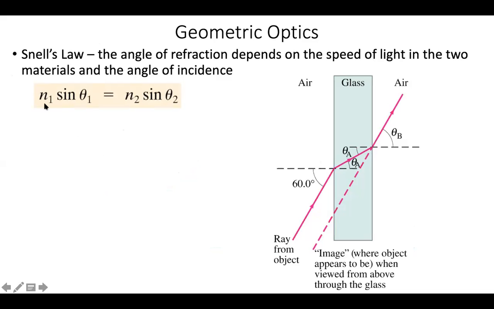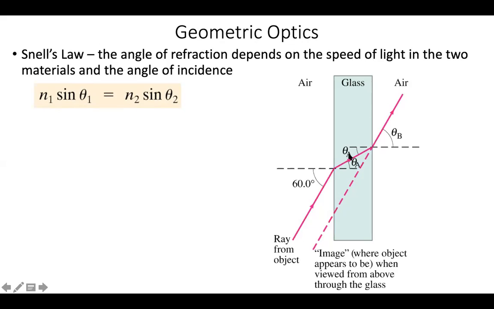So N1 is the index of refraction of substance 1, sine of theta 1, which is the angle the light is passing through when it goes through substance 1. It's equal to N2 sine theta 2. Again, index of refraction of substance 2, angle passing through substance 2.